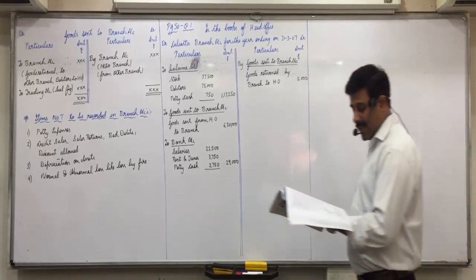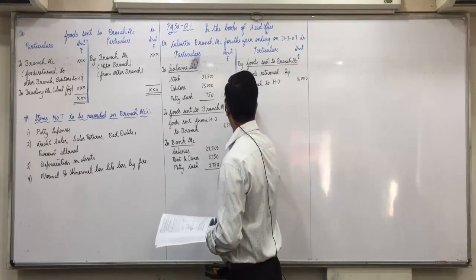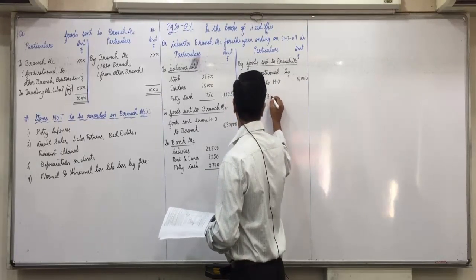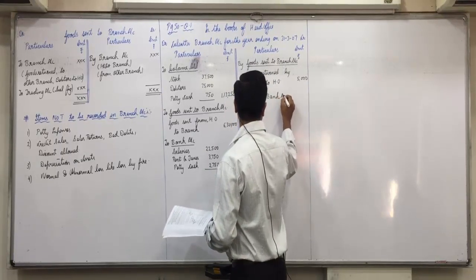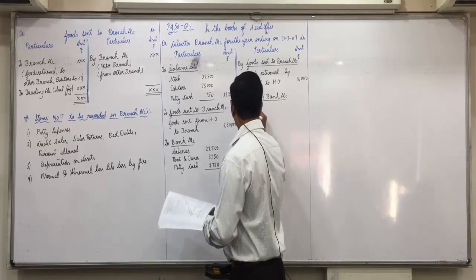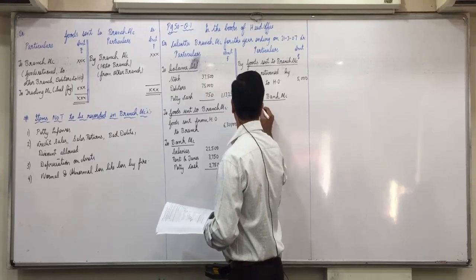Then cash sales will come on credit side under the heading by cash or bank account. Means whatever money is collected will be remitted to head office. In that, cash sales 1,50,000.